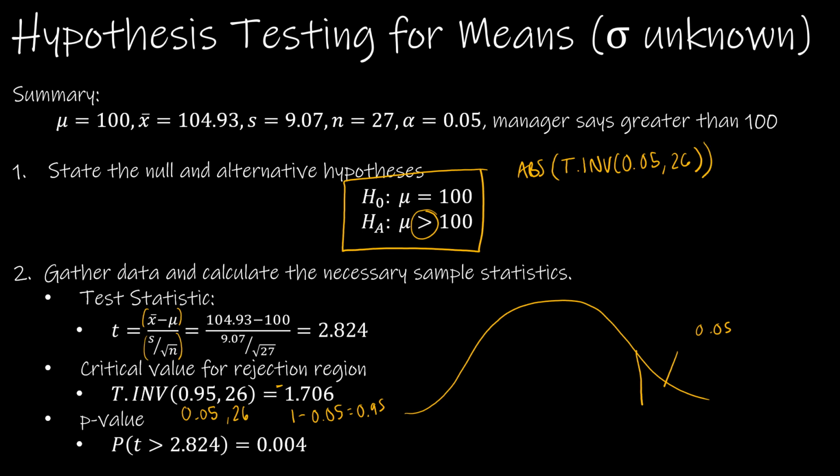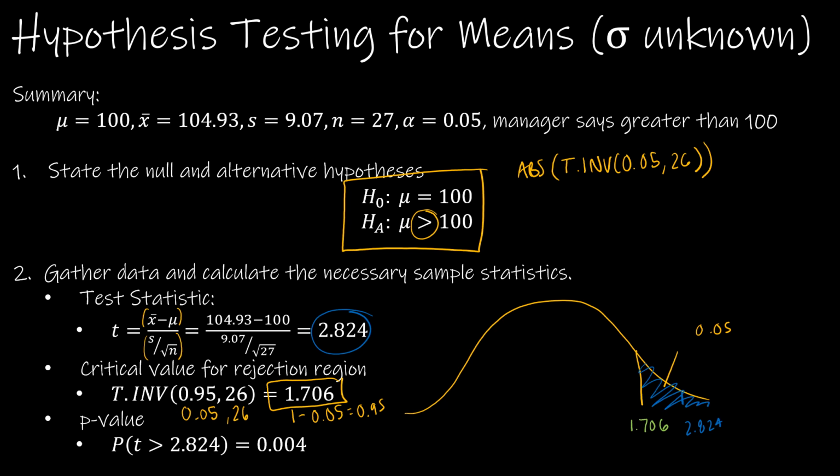So whichever way you want to do it is just fine, but you should end up with a positive value of 1.706. Again, that tells me that this value is 1.706, and my observed value is over here somewhere, 2.824. So clearly it's in the rejection region, so we should be rejecting.